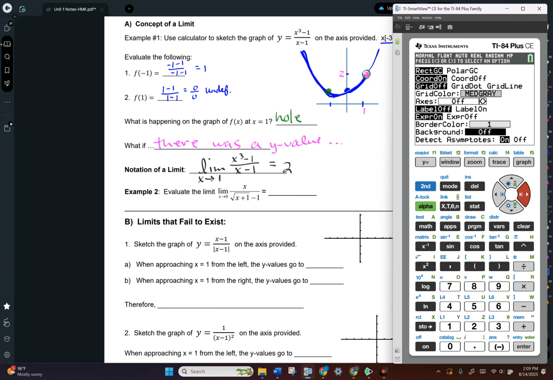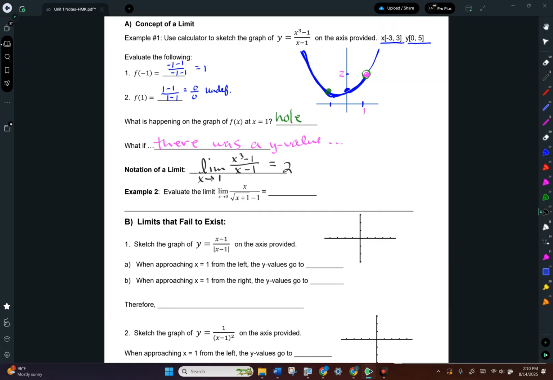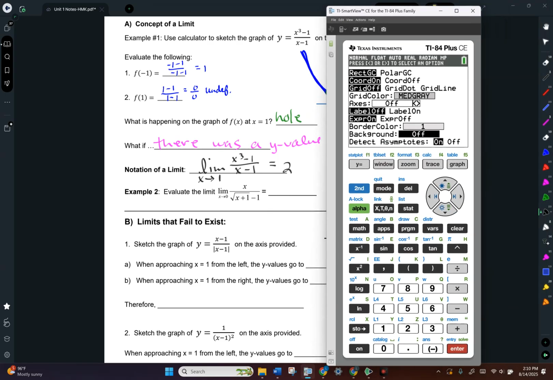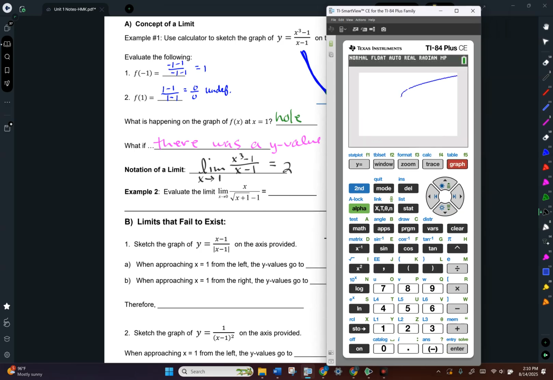Okay, so axes off, enter, graph. Look, do you see that space where the y-axis would have been? There's a space.